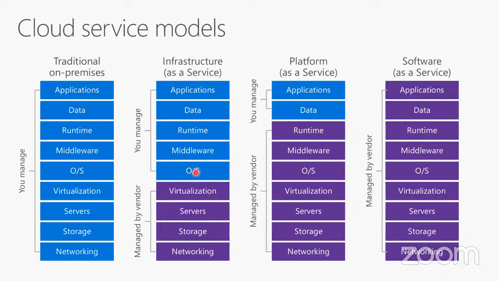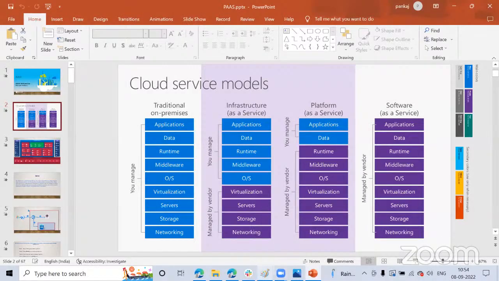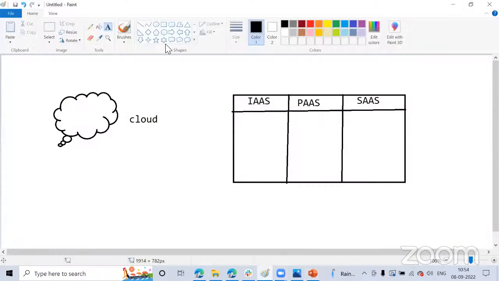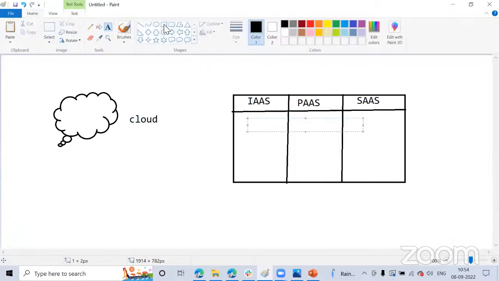So right now, we have understood the floor part. We have seen that there is some property behind infrastructure as a service.